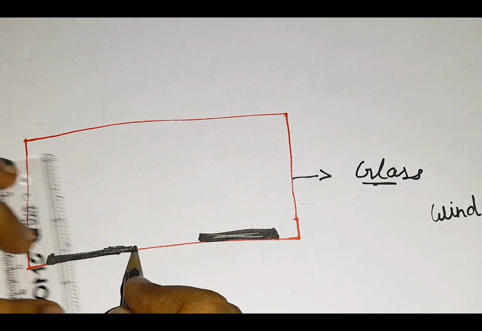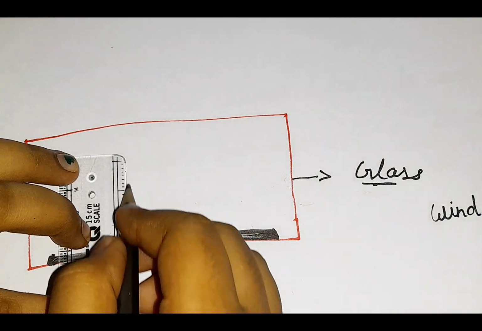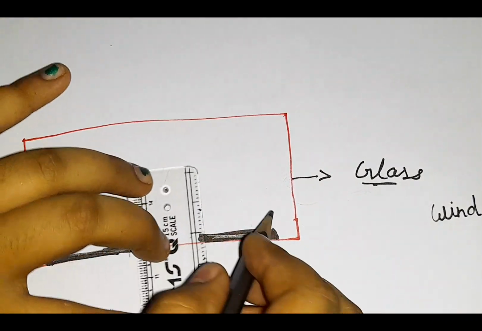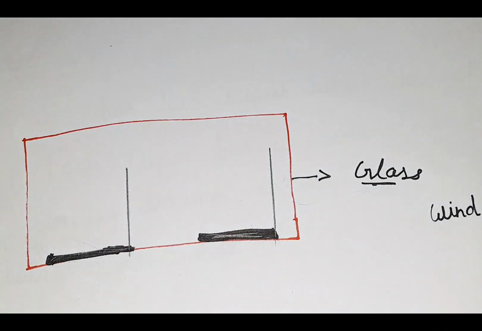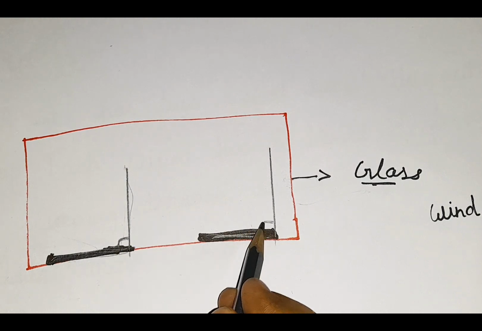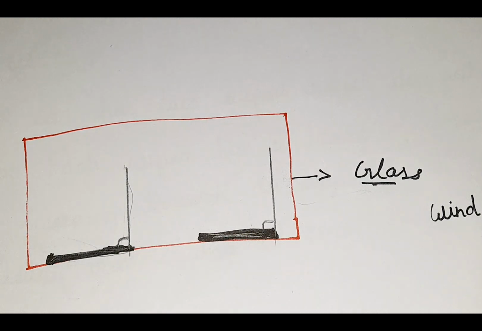Here we have a wiper, and when we draw a line, is this 115 degrees? No, it is not at all 115 degrees. Why? Because whenever we have a straight line, it is 90 degrees. Then how can I say it is 115 degrees?